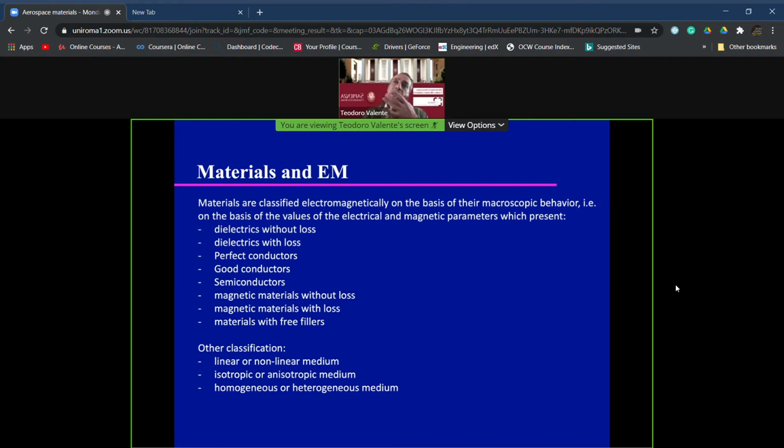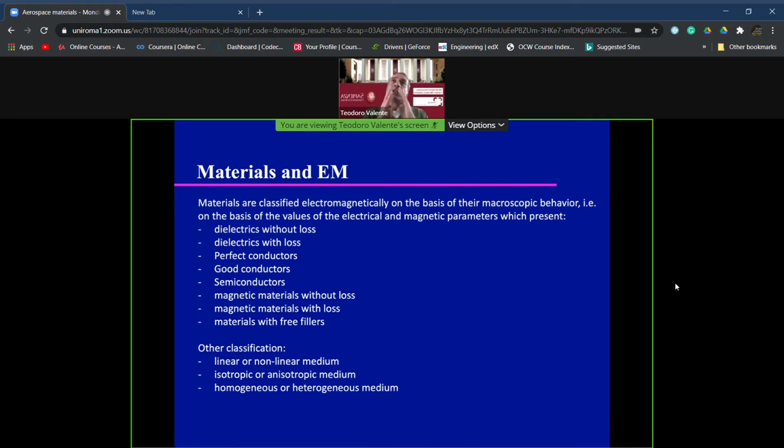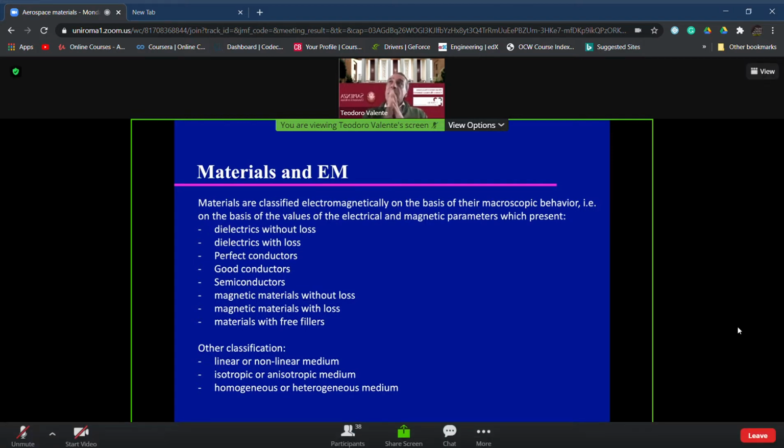So, just to say that the properties which characterize the electromagnetic response, that is the interaction of a solid material with an electromagnetic wave, are described by looking at specific material properties.